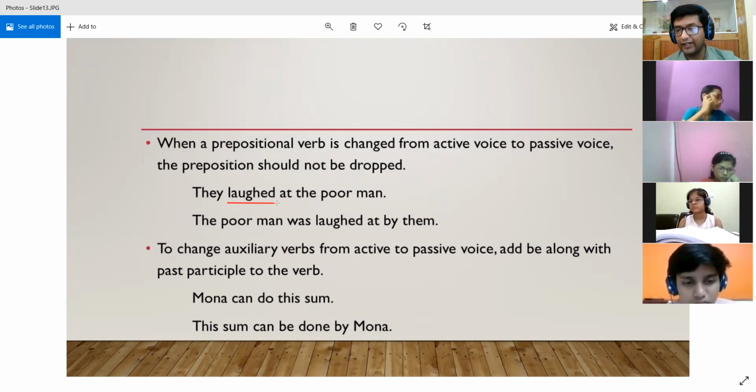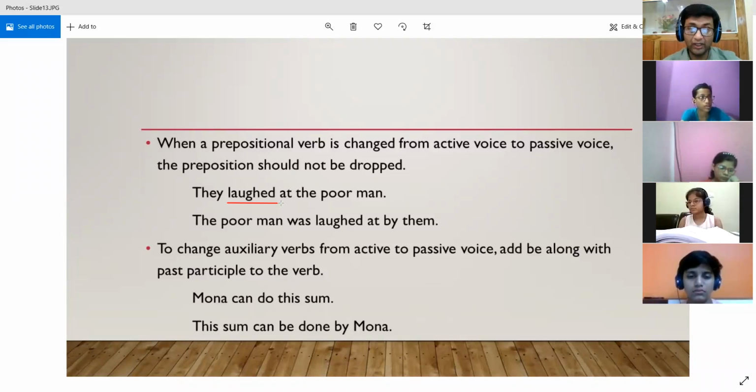They laughed, they cried. They make complete sense. So it was actually an intransitive verb, right? Intransitive verbs are those verbs that don't require an object to complete their meaning. So they laughed would have become a complete sentence in itself and it would not have required an object.